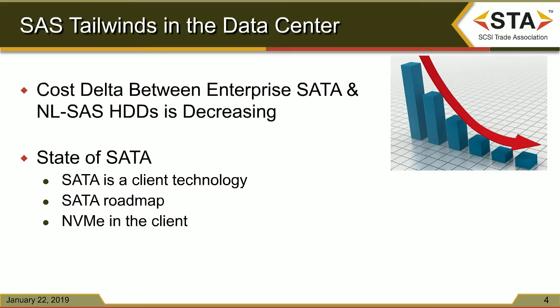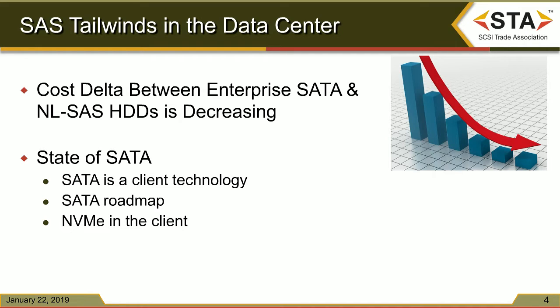Since then, there have been significant innovations in the protocol, such as SMR and logical depop. SATA has been responsible for those, but the level of innovation has been declining rapidly, and all of these have been rolled into SAS.